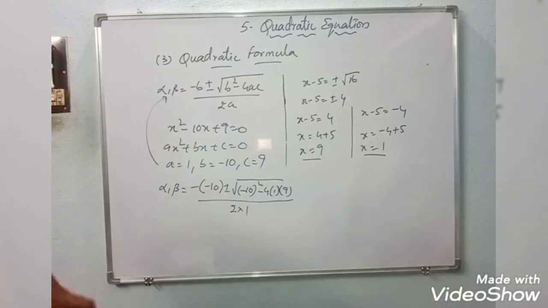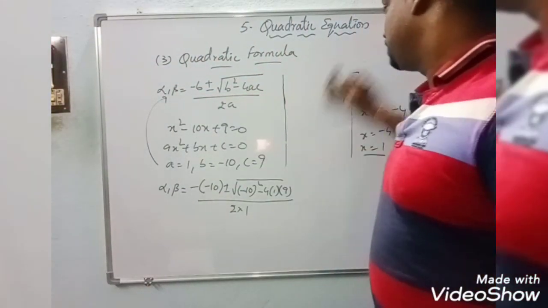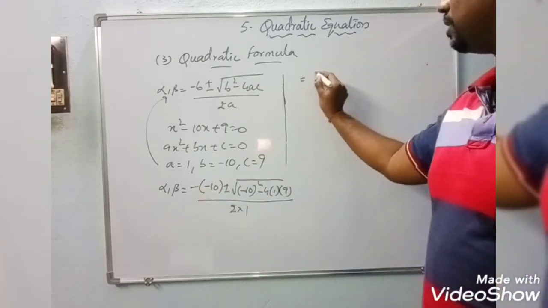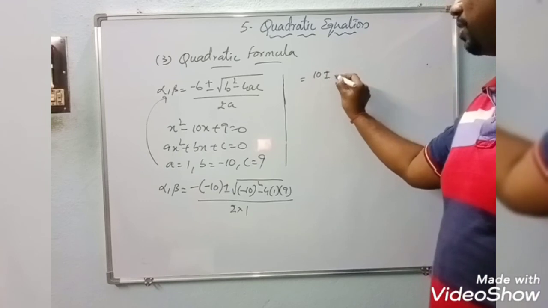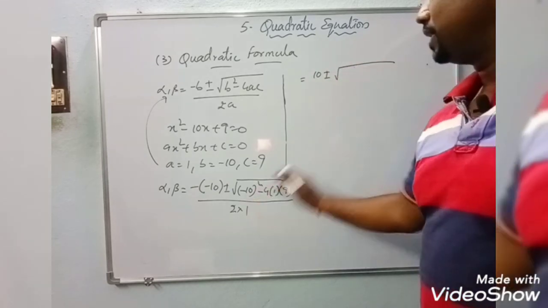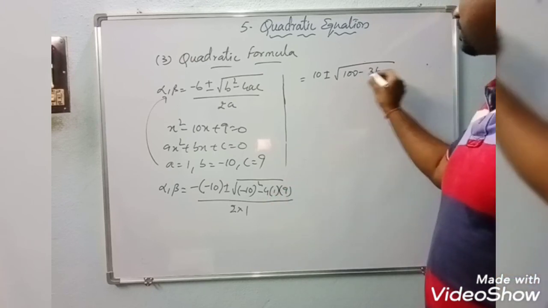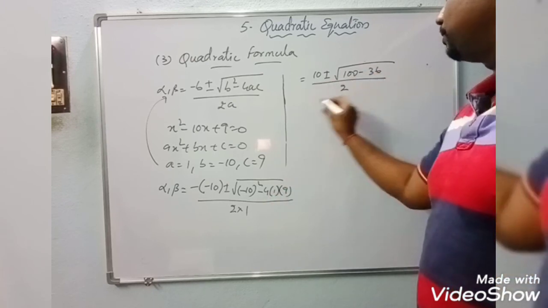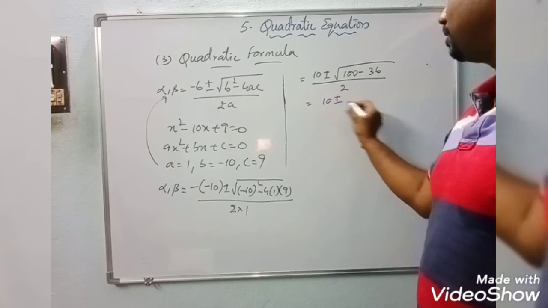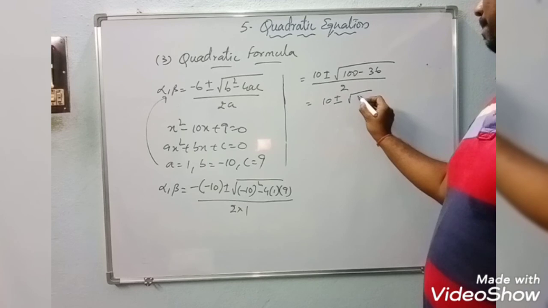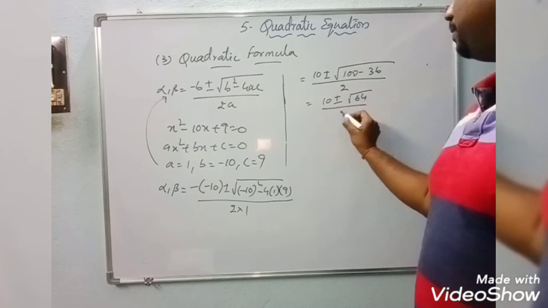Next, minus into minus is plus, so I am getting 10 plus or minus square root of minus 10 whole square is 100 minus 36, divided by 2. Now here 10 plus or minus square root of 64 divided by 2.